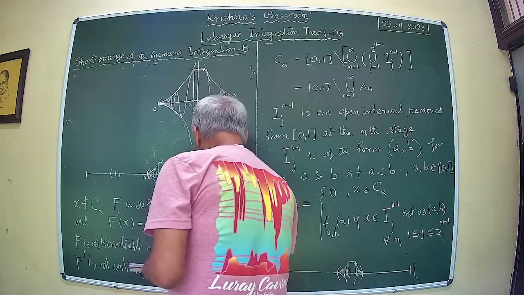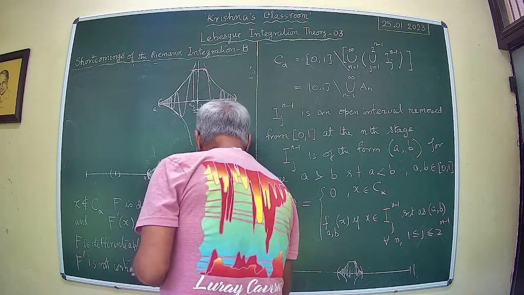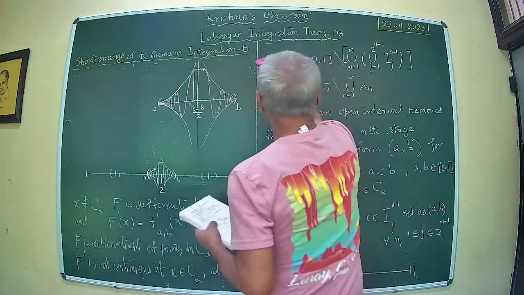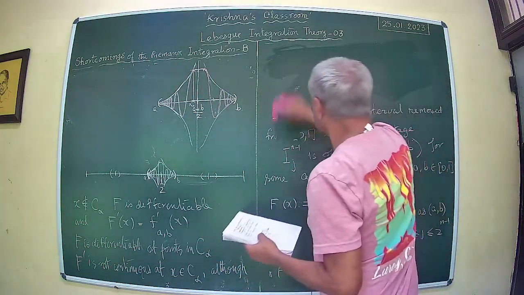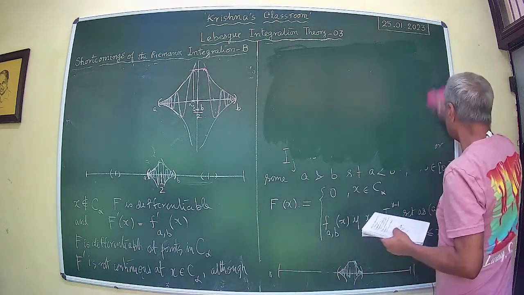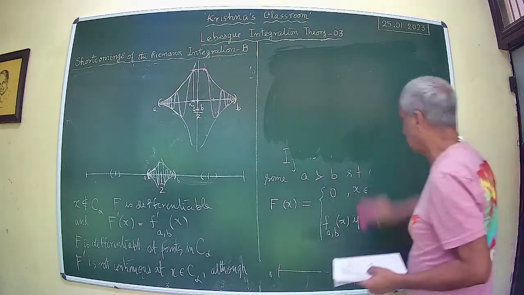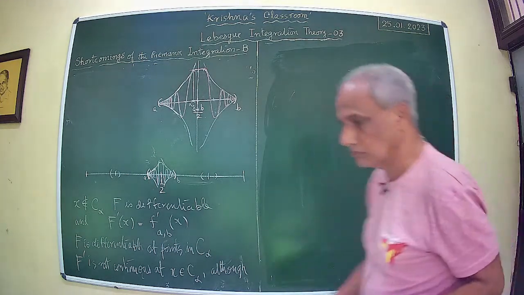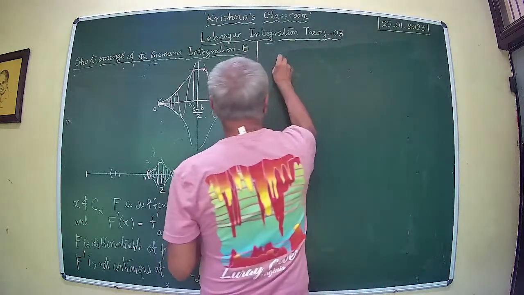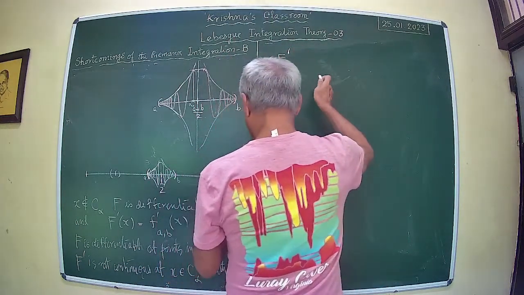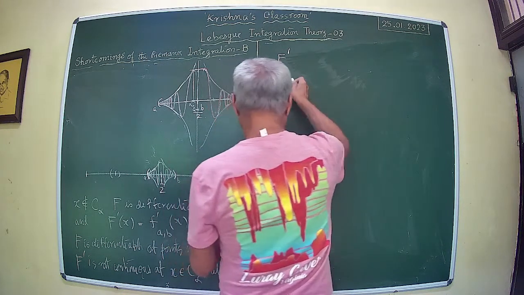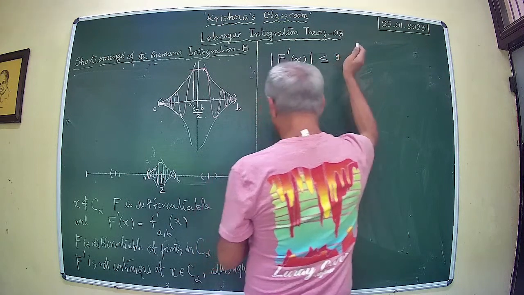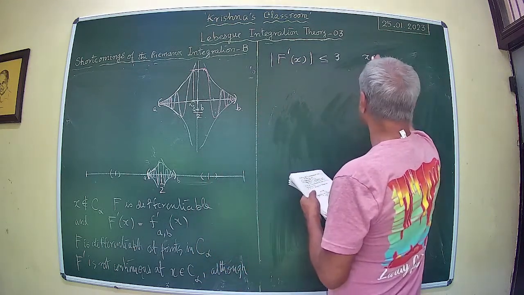Although f derivative is bounded by 3 for x belonging to 0, 1.